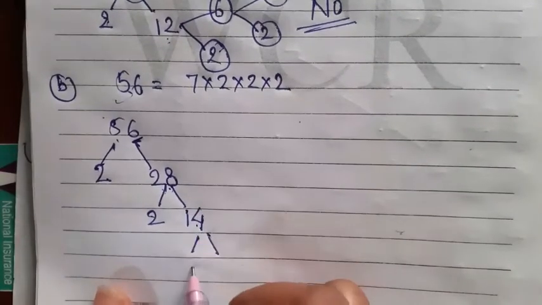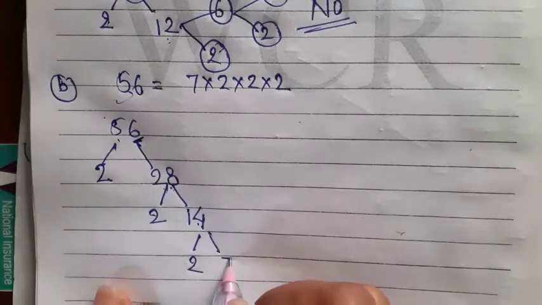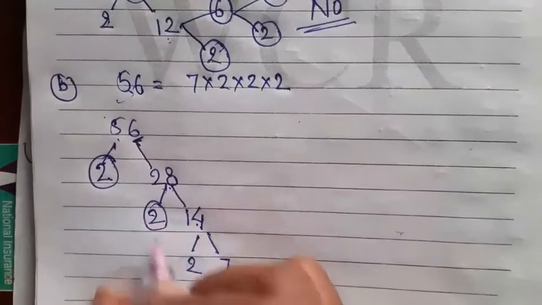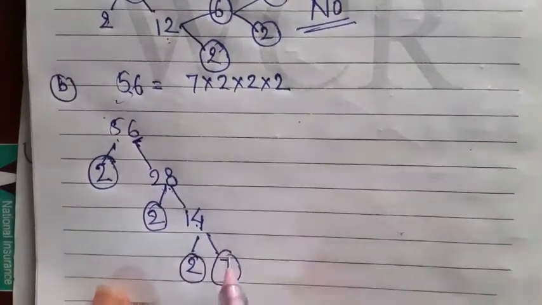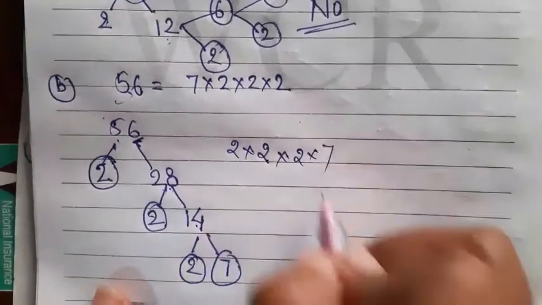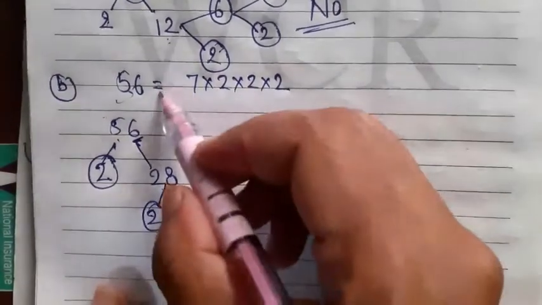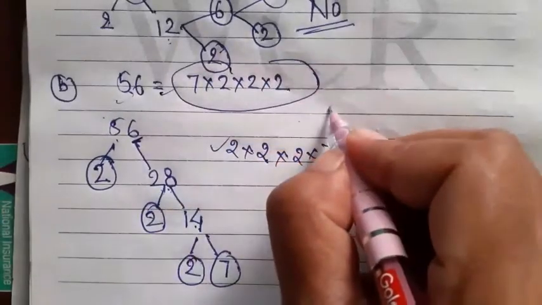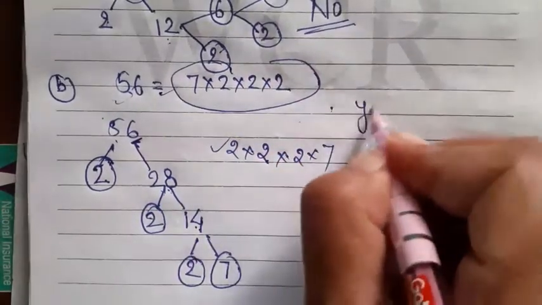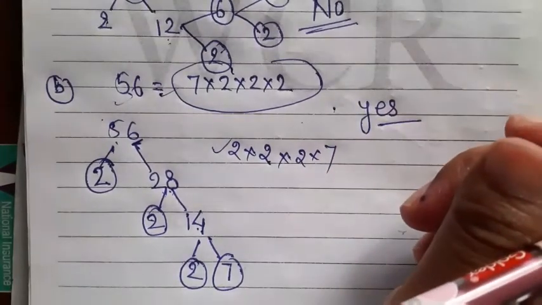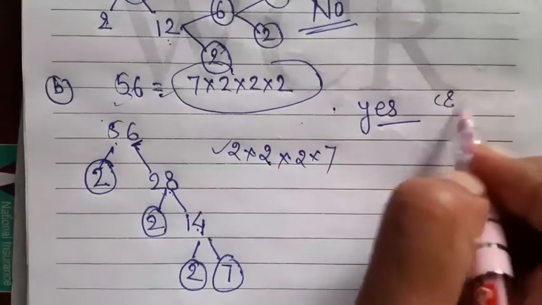Next the factor of 14: 2 times 7 is 14. So the factors of 56 are 2 multiply 2 multiply 2 multiply 7. So this is similar to here. That means this is the prime factorization of 56. So here I write yes. Next, questions C and D are homework.